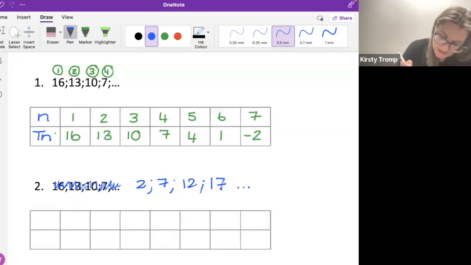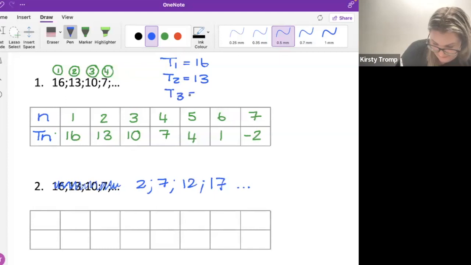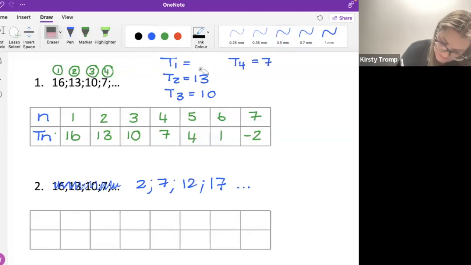So you would say T1 equals 16, T2 equals 13, like that. Yes, but let's say since it's 16 and you add 3, you'll write T1 equals 3 and then brackets, multiply it.